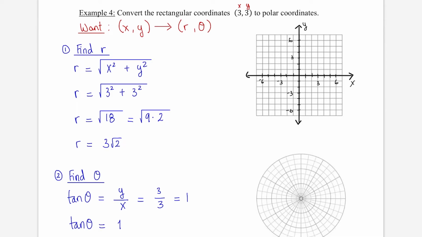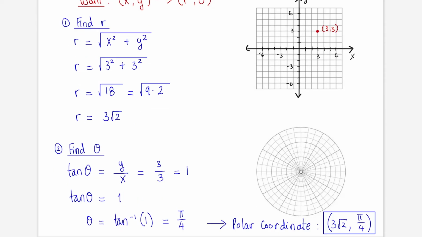And my point is 3, 3. So it's this point right here. So this point 3, 3 is in the first quadrant. That means when I plot the point in the polar coordinate, it should be in the first quadrant as well.